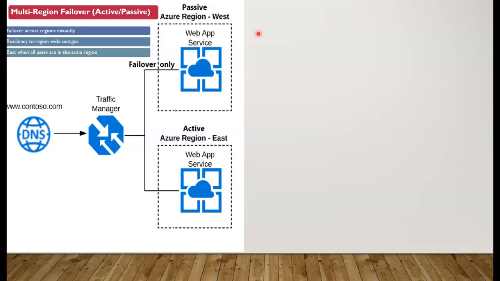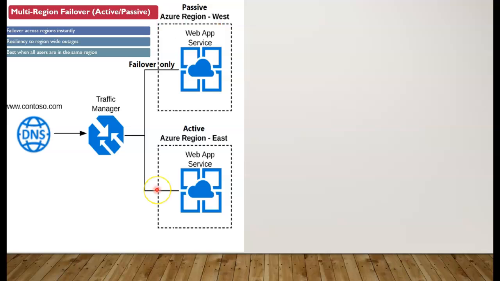This active passive situation is really best for failover, meaning that if you want all your traffic to go through the East region by default, if something goes wrong, the traffic will dynamically route to the West region, but only when something really goes wrong.